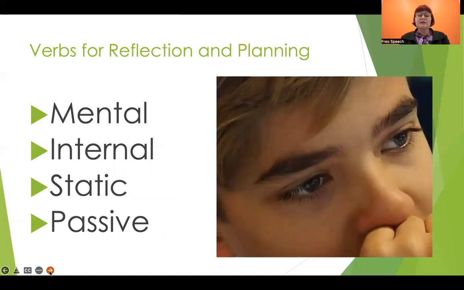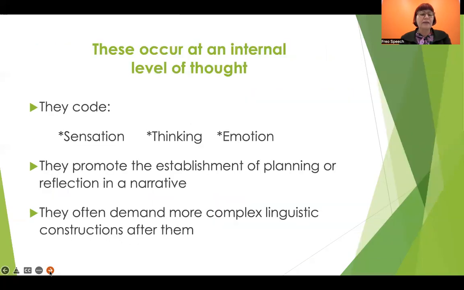These are just some other words for them. And remember, I talked to you about using the term internal because they happen inside. And this is what they code. They code sensation or sensory behaviour, thinking or cognition, and emotion.